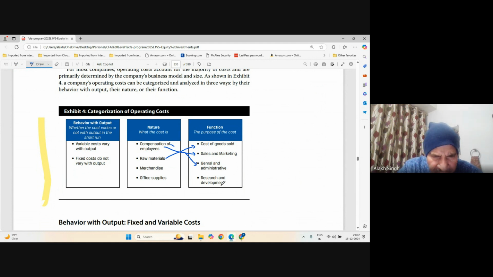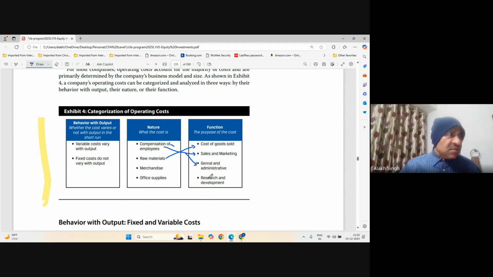Research and development. Well, this is just another part of operating. It is operating cost. Yes, research and development is also operating cost. Somewhere when we had information technology, it was not fully operating, because operating cost is expensed, and research and development was spent over time.